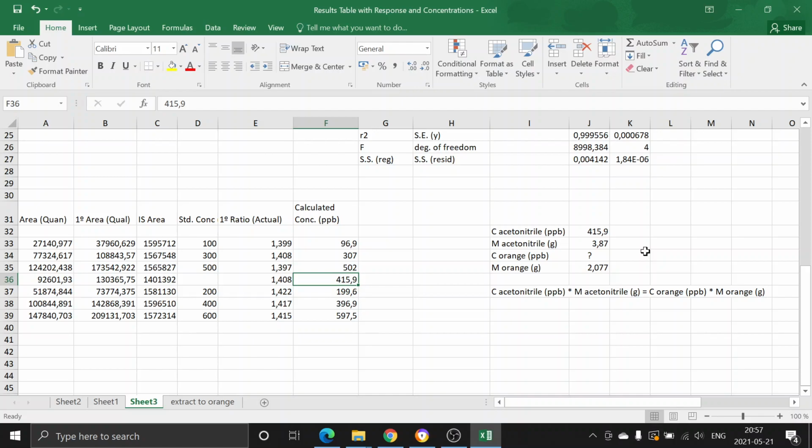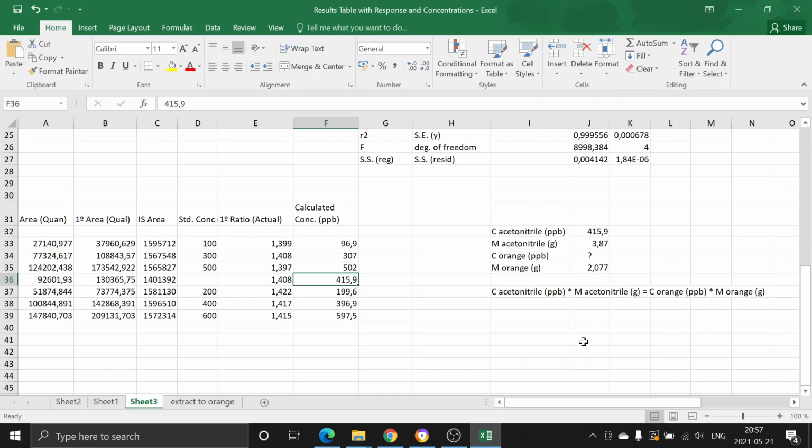And actually, that can be performed by a simple equation like that. C1 times M1 is equal to C2 times M2 type simple formula. So now we will do that, but of course we have some assumptions. We will assume that all the imidazolil was extracted into acetonitrile in the extraction process.